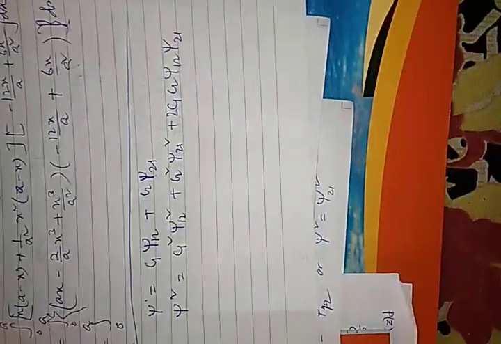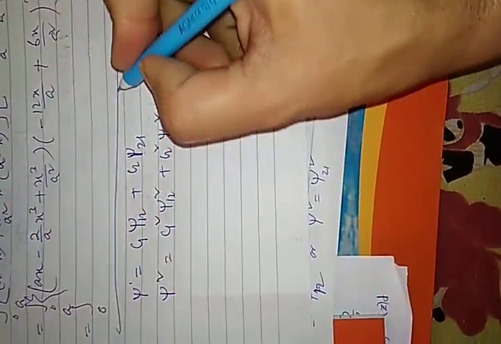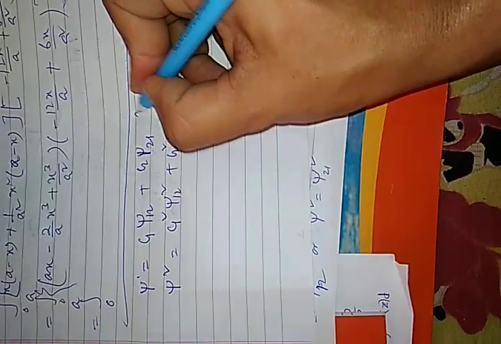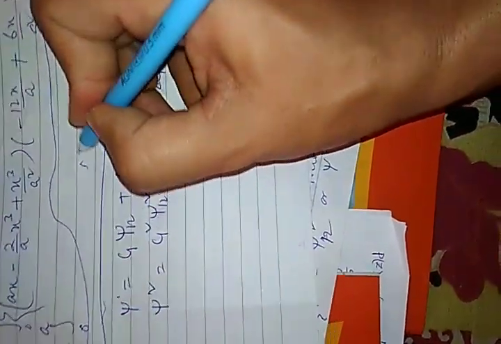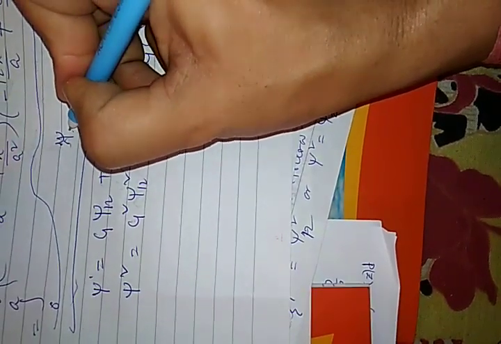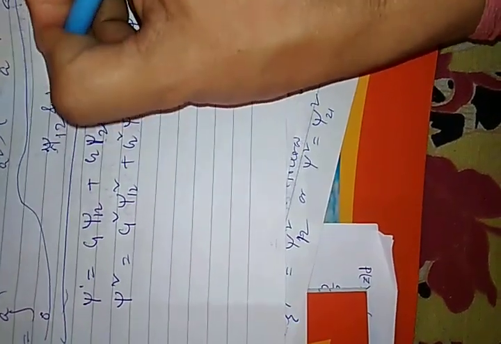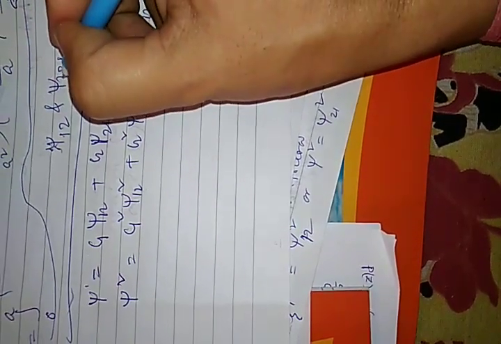One thing is clear: psi(1,2) and psi(2,1) are orthogonal.